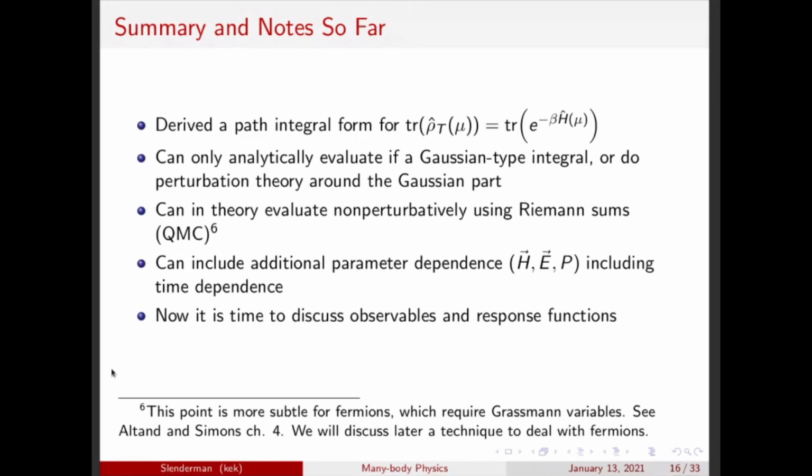But of course, you can always do perturbation theory around the Gaussian part by Taylor expanding the non-Gaussian bits. Or you can just straightforwardly, but computationally intensively, evaluate with just Riemann sums.